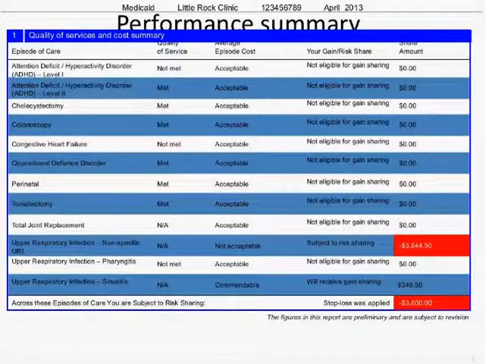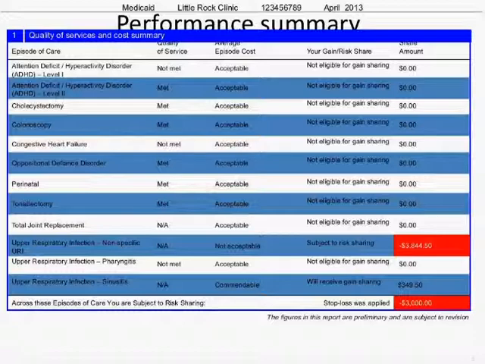Going across the top columns, it shows the episodes of care. The next column, you will have your quality. It will show whether you met or not met the episode. The next one would be your average episode cost. It will show acceptable, non-acceptable, or commendable.